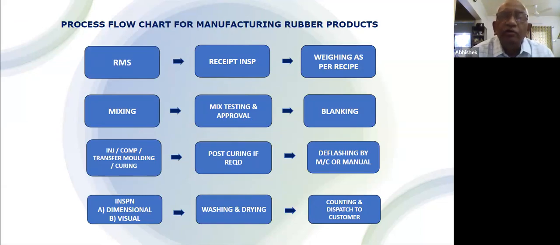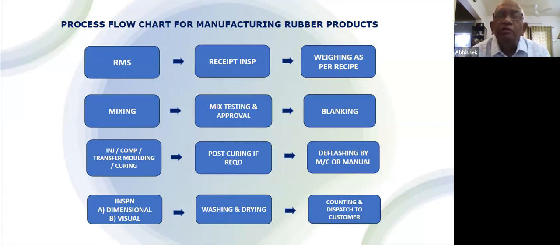My idea of giving all this brief is that, before jumping into the actual uses of rubber, we should know the different types of rubber as a basic minimum understanding. Then, how the rubbers are processed, and what is the process flow chart for manufacturing rubber products. As in any industry, a process flow chart is followed. Similarly, in the rubber industry, you can see the incoming raw materials are inspected and then approved.